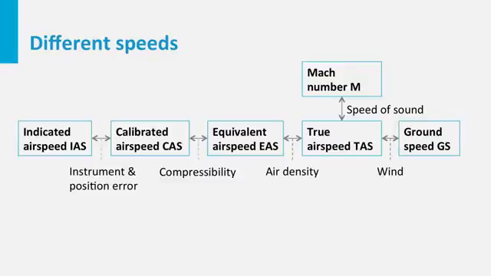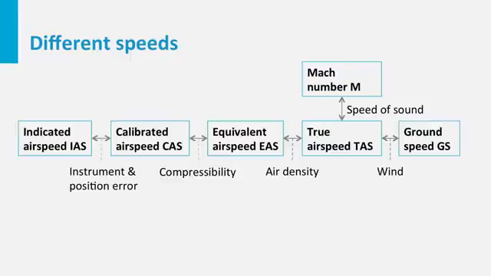The pitot tube might not be in the correct position. There's an instrument error. So if we start all the way to the left with the indicated airspeed, the first thing we need to do is to take out the instrument error. And that is the calibration of the instrument and results in the calibrated airspeed, or CAS.